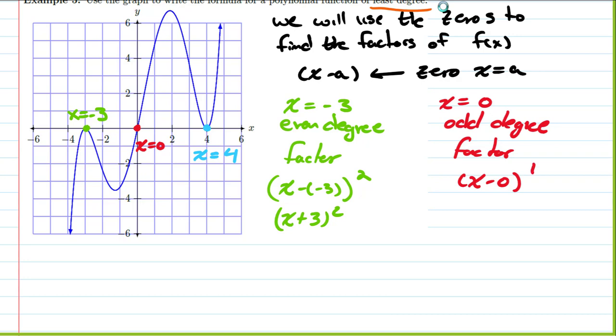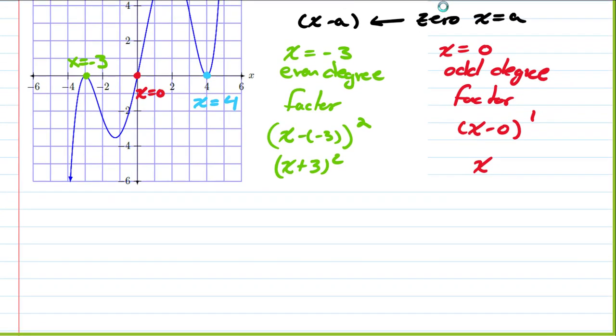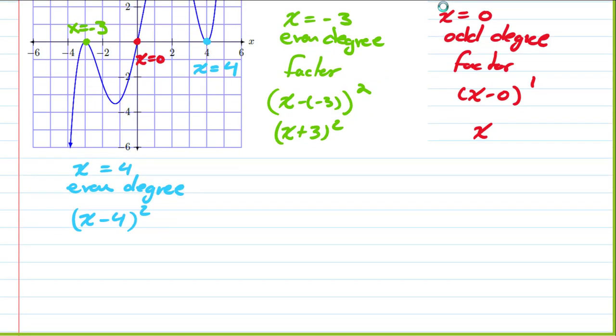So that's just going to simplify down to x. Our last one is at x equals 4. Once again, it bounces, so this is going to be even degree. So we're going to have x minus 4, and our smallest positive even number is 2. So our factor is (x - 4) squared.